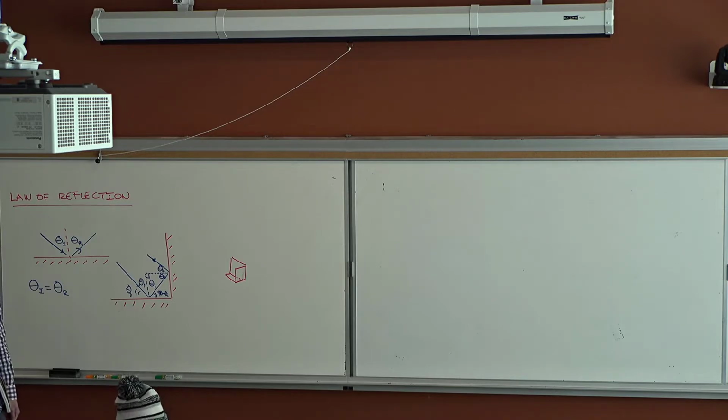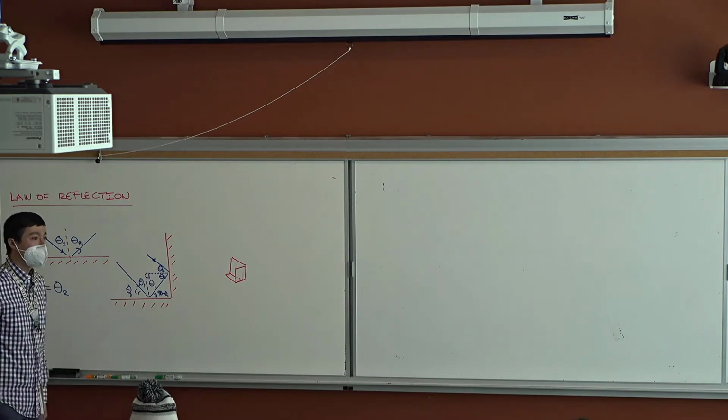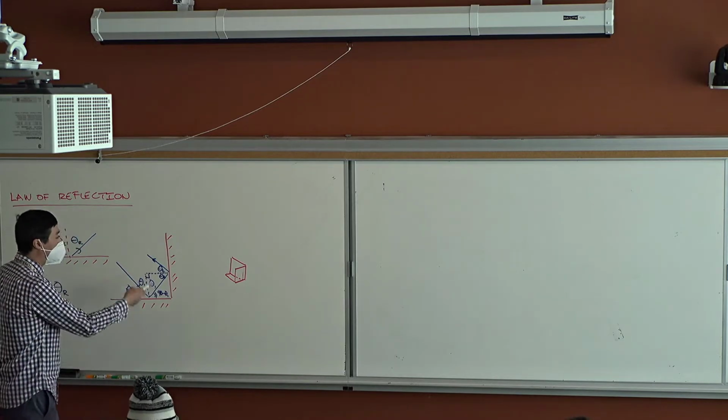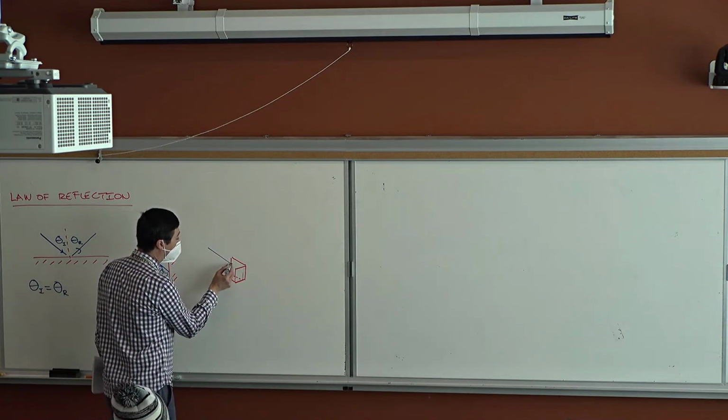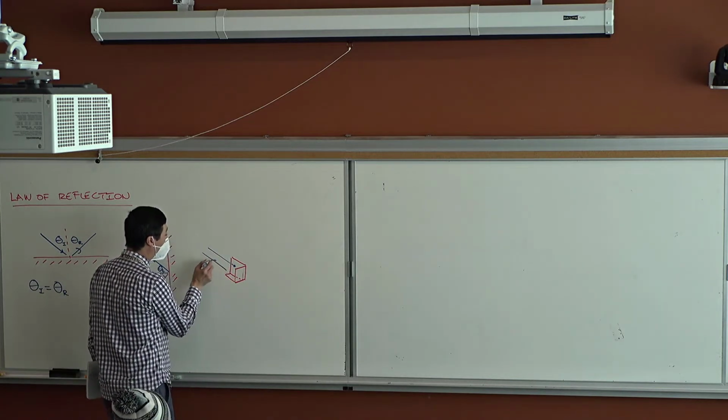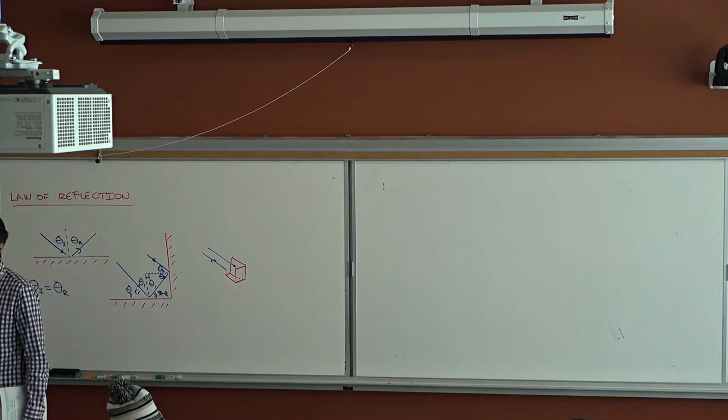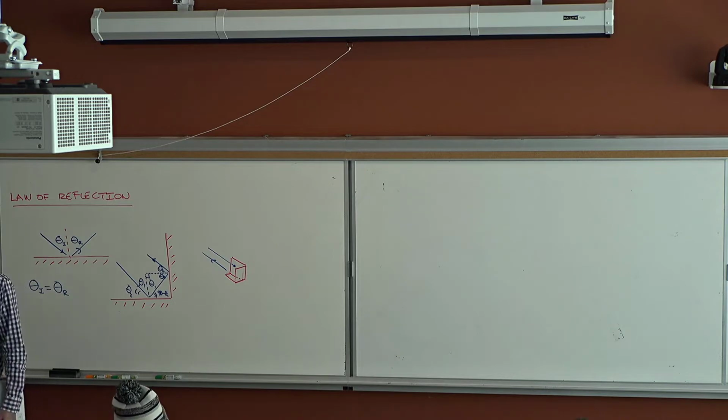Like a door. Open it. This has the net result that however it's incident, it's going to reflect back anti-parallel. We call that a corner cube mirror.